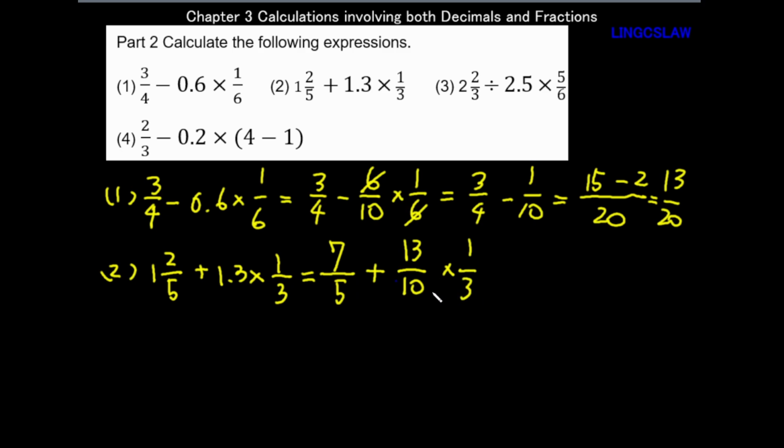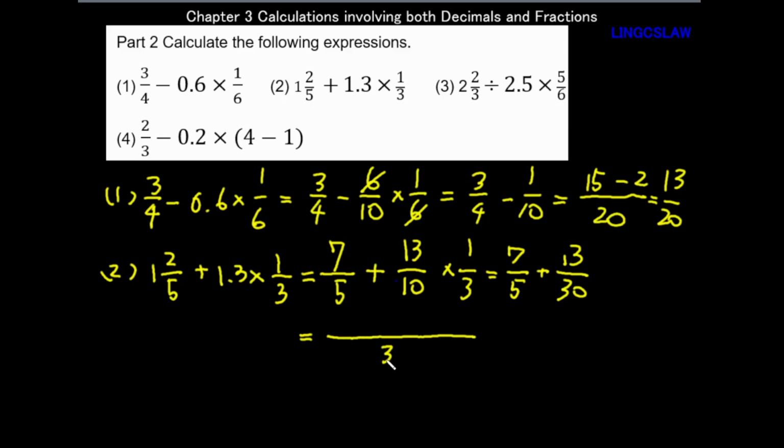No simplification. Equals 7/5 plus 13/30, denominator 30, the numerator 13.